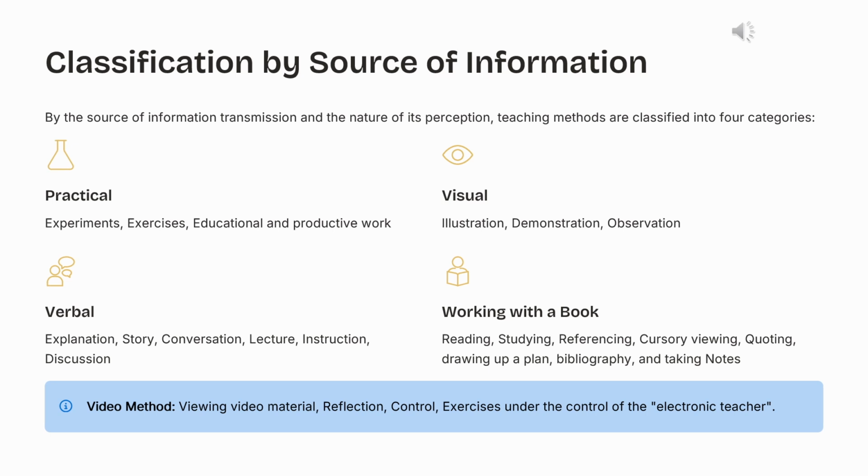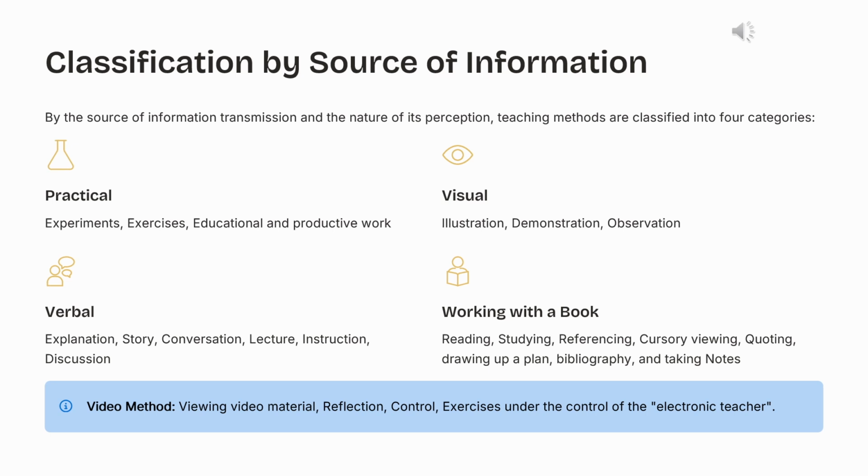The first classification is based on the source of information transmission and the way in which that information is perceived. Several categories are distinguished here: practical, visual, verbal, and working with a book. While the slide also refers to the video method as an additional form, practical methods include experiments, exercises, and productive work. Visual methods include illustration, demonstration, and observation.